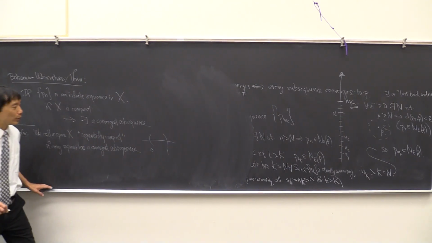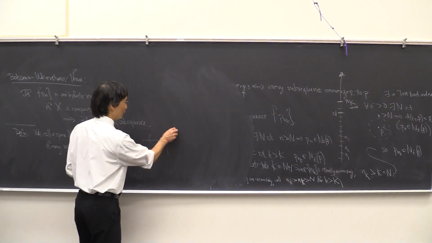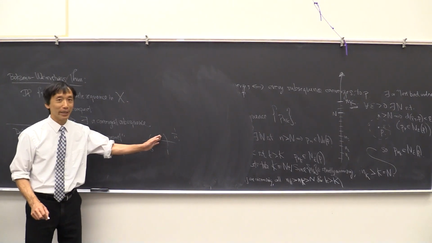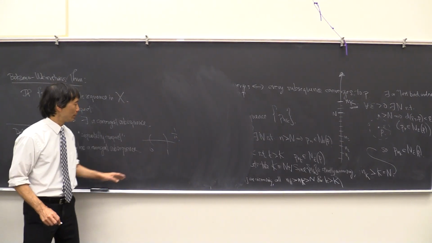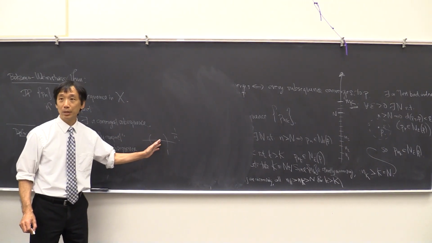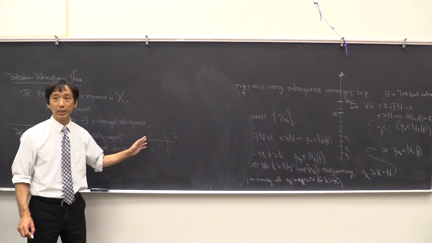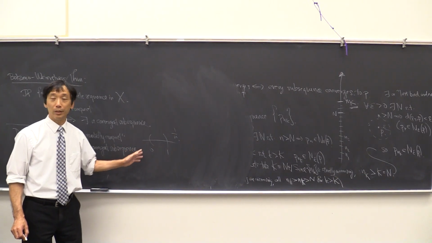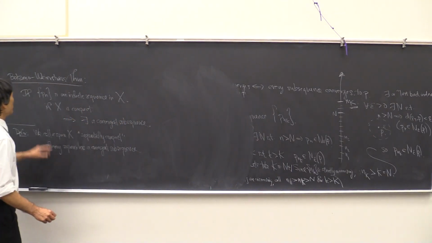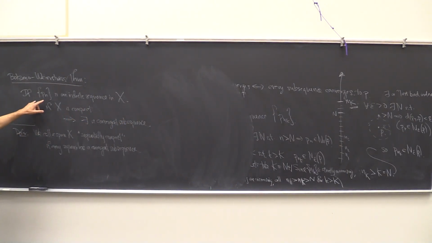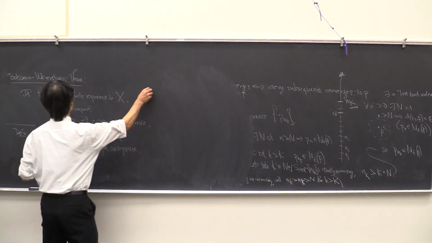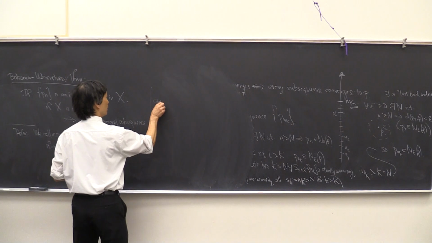The answer is no. Our usual example, 1 over n, is an infinite sequence, but there's no subsequence of it that converges. In fact, what this theorem says is that if you're compact, then you're sequentially compact.